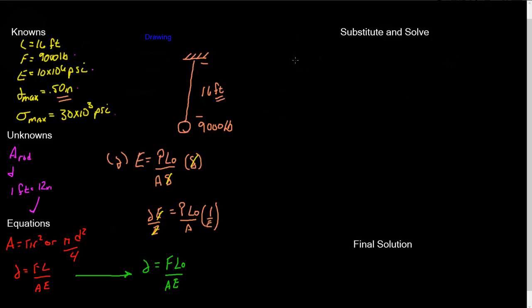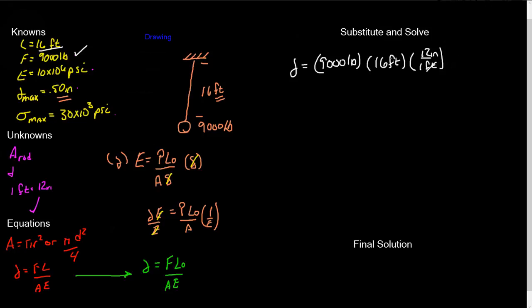What I'm given, I just take my formulas, and I've got delta, and my force coming down is 9,000 pounds. My length original is 16 feet. But I need to convert that into inches because my bottom factor is going to be in inches. So let me do a conversion factor that says 1 foot equals 12 inches.